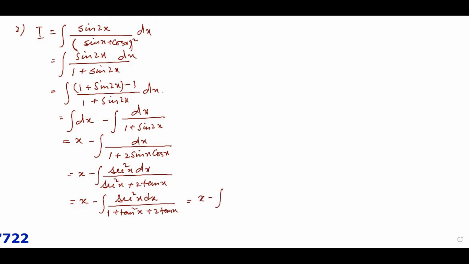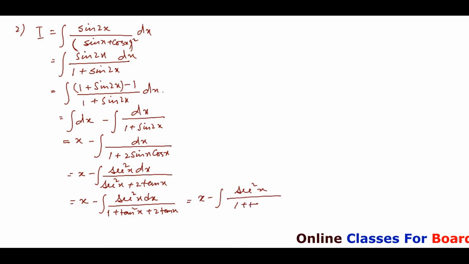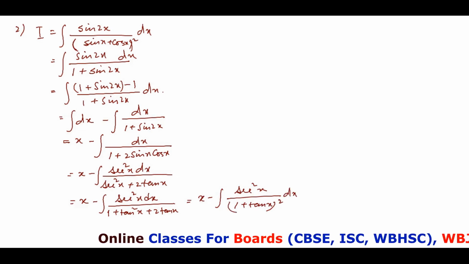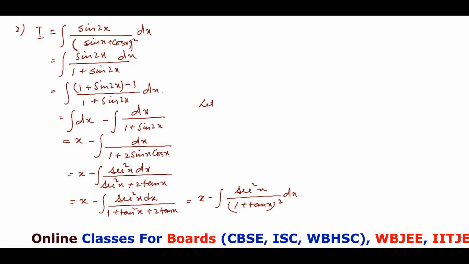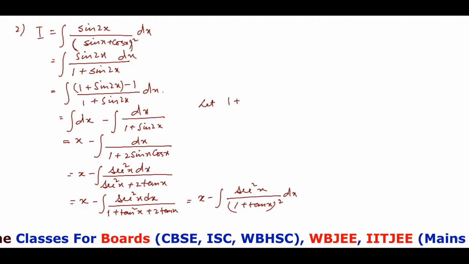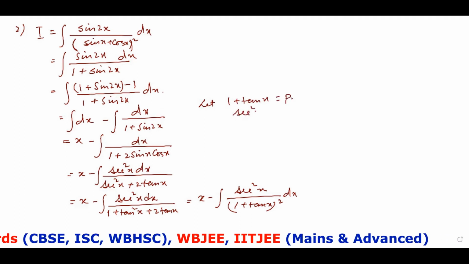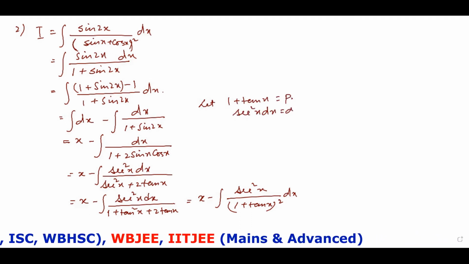X minus sec square x divided by 1 plus tan x whole square. Right? Now let us take, let 1 plus tan x be p. So we are having sec square x dx is basically dp.